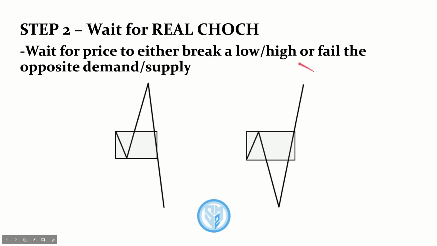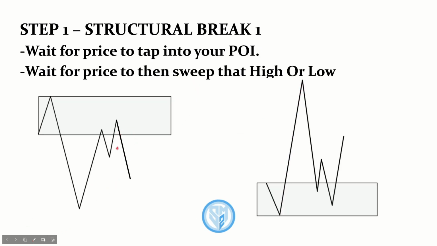And then again, in the other example where we had the demand zone, remember, price took out the low, and we had that liquidity sweep inside our zone. Now we wait for price to move towards the upside, take out this high, or fail a level of supply, right? So now you wait for the real change of character after price has swept this liquidity, in both of these examples, right?